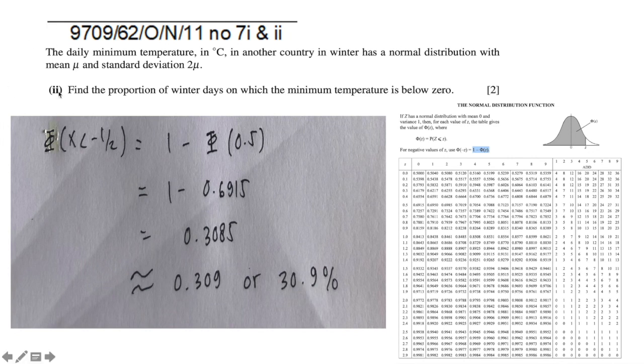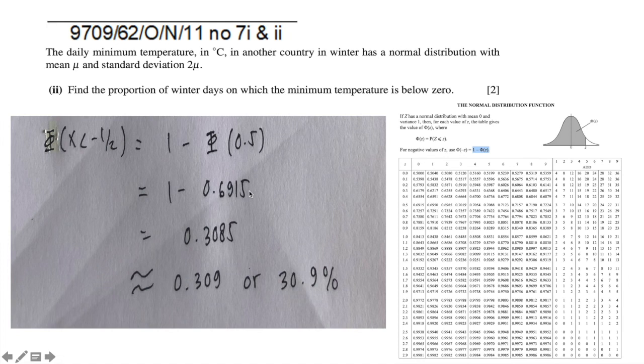As we already have the value of z, which is negative half, we need to see the table of normal distribution to know the probability. As the value of z is negative, we need to subtract the probability of the positive value of z from 1. So the value of z is half, and we get from the data that the probability is 0.6915.